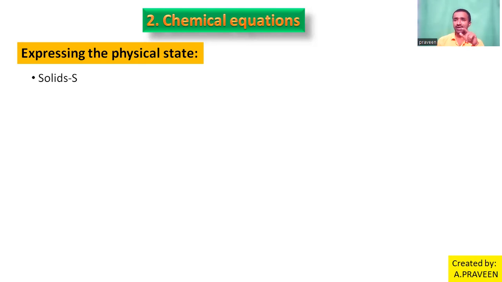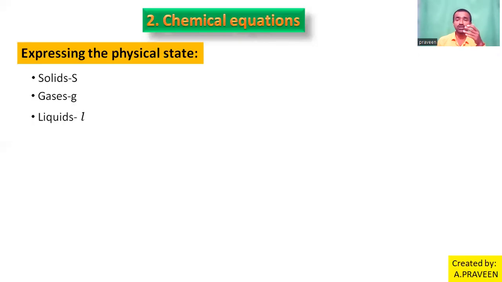If it is a solid, we can write the S symbol. If it is a liquid, we can write L. If it is a gas, we can write G. So L for liquid, G for gases, S for solids.